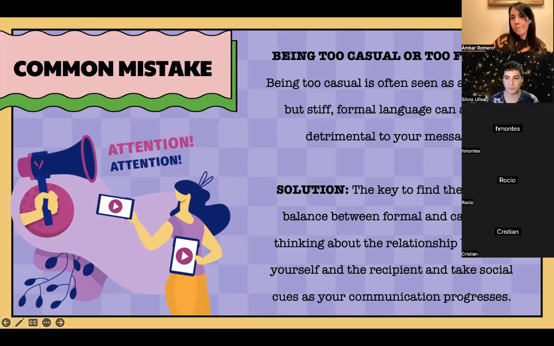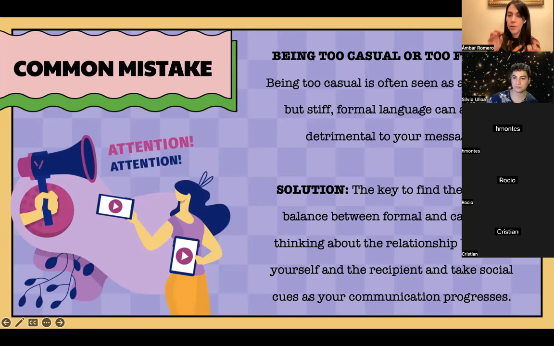So imagine that you are writing to a professor for the first time. Okay, maybe you don't know how old he or she is. You don't know very much. The only thing you know is that this person is an academic. Okay, I will start by writing an email that is formal, not very formal, but formal. So I would say, for example, dear Professor, I don't know, Ulloa, for example. Okay, or dear Professor Montes.